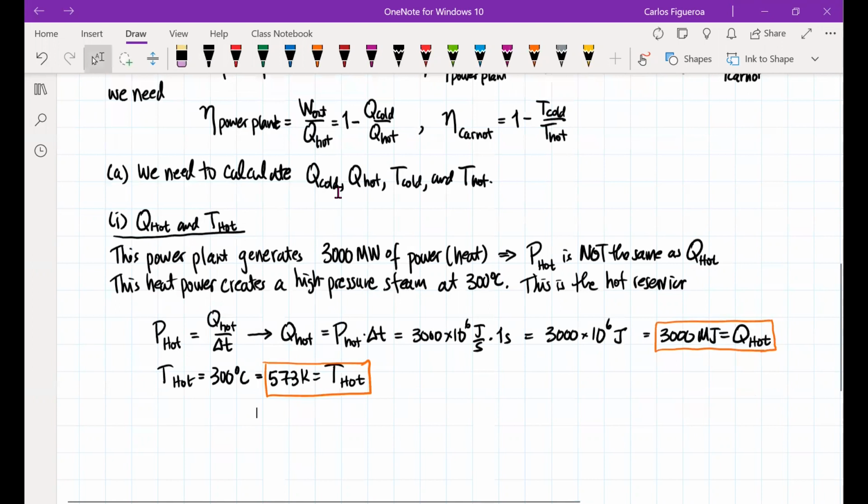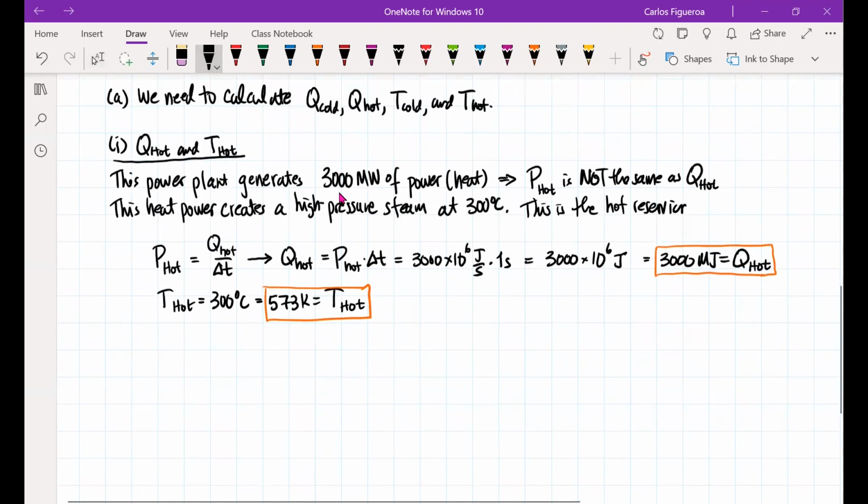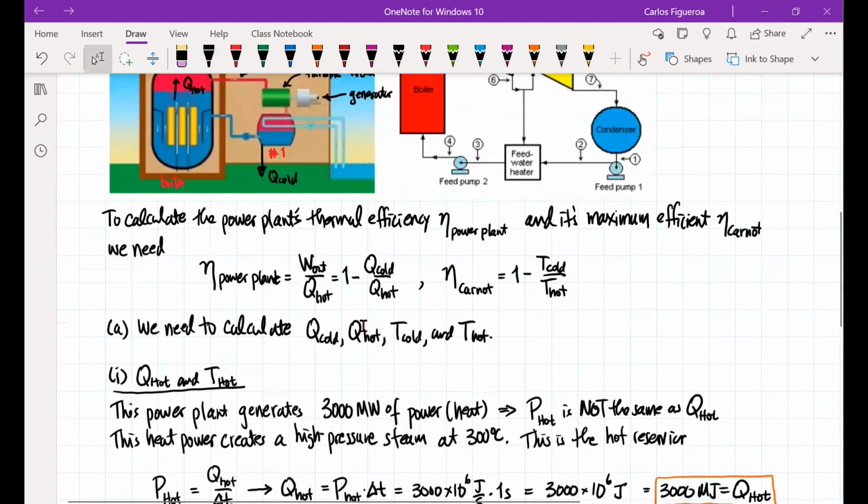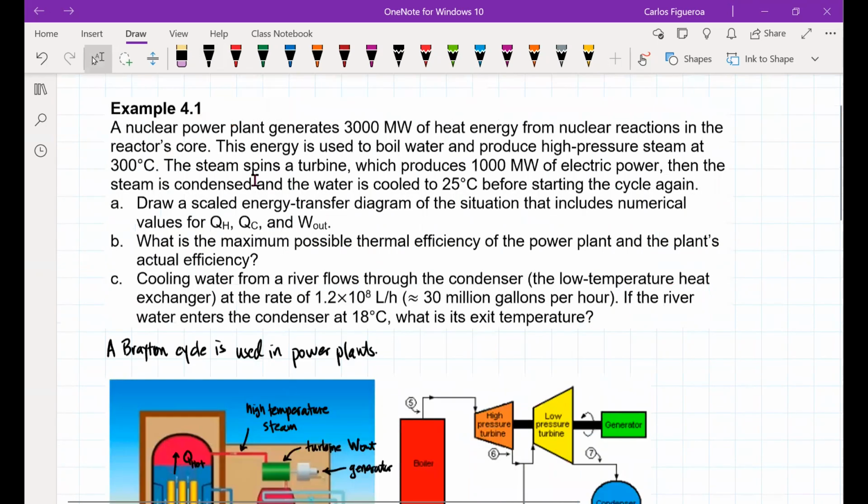Now the next thing I need to do, from reading the question, is get Q cold and T cold. So let's go look at this now. Let's see what the question says.